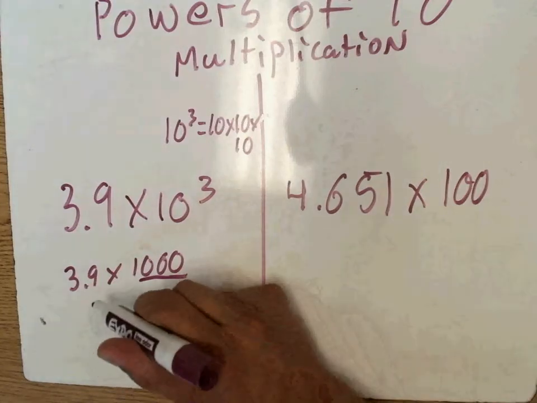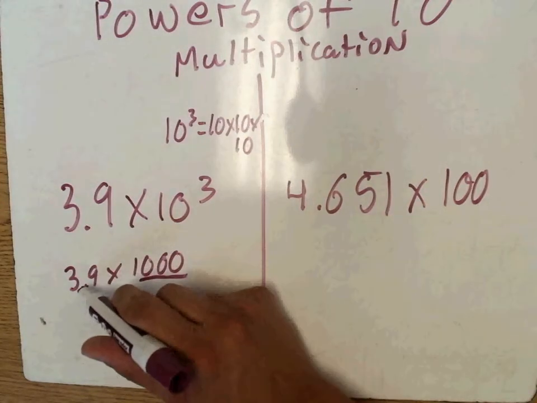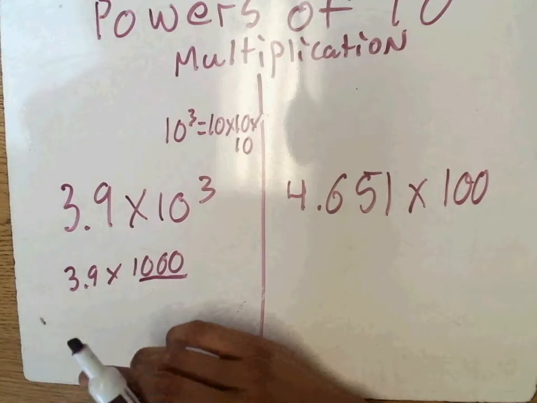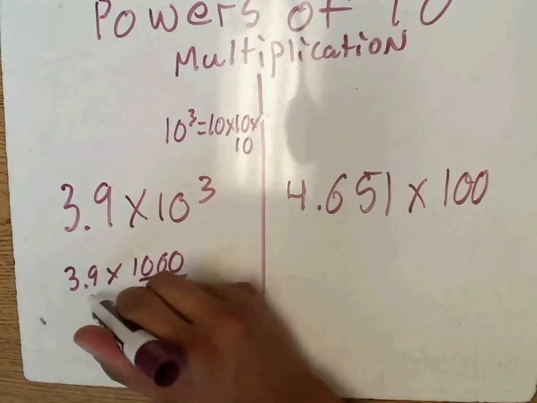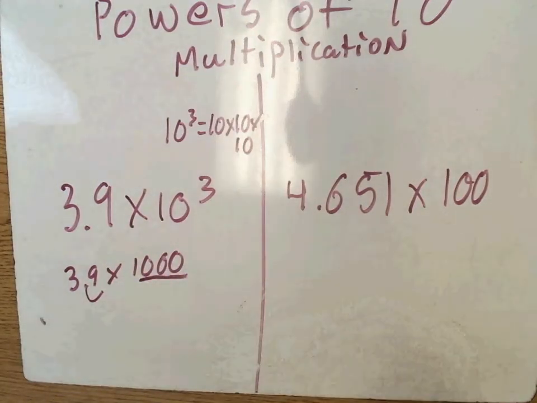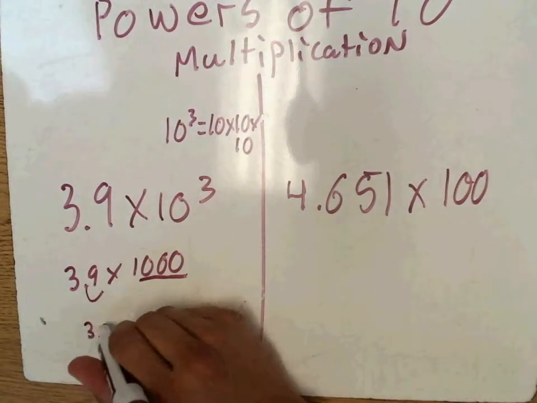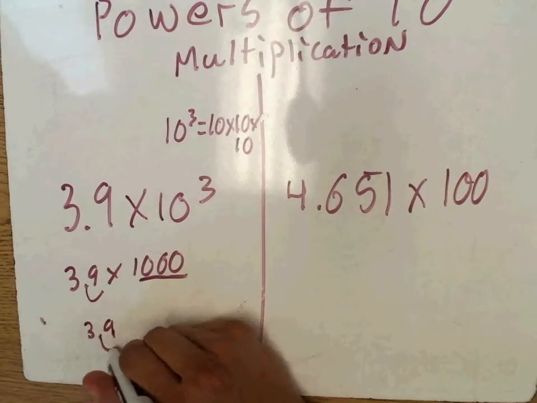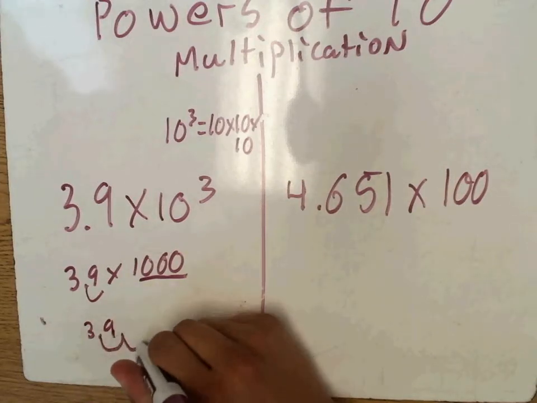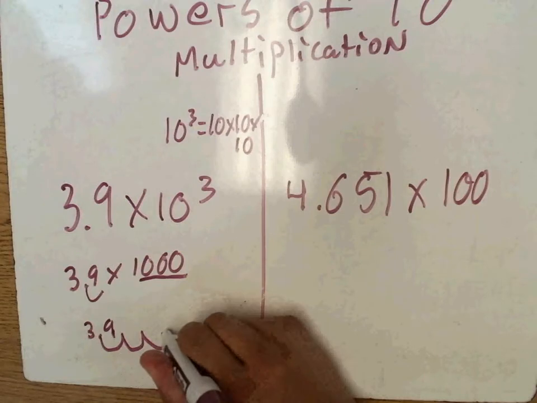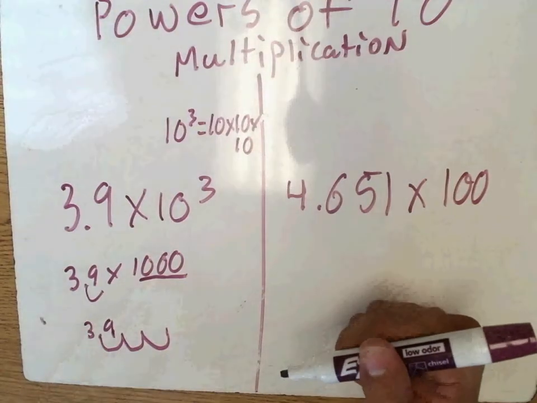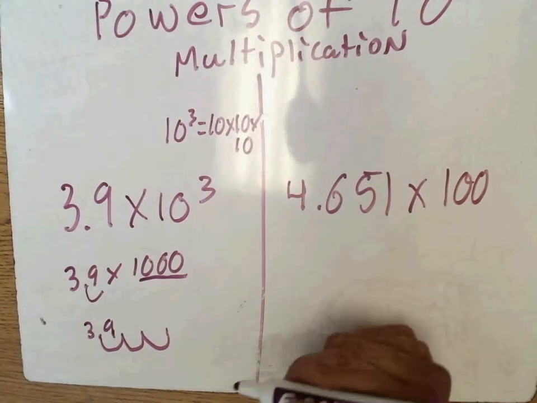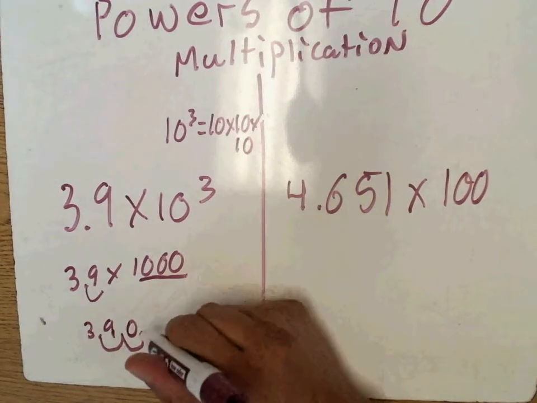So we know that when we multiply, we're going to shift to the right because our number is going to get larger. So we've got 3.9. We're going to take our decimal point, 1, 2, 3. Now in these two empty spaces here, we are going to go ahead and put zeros.